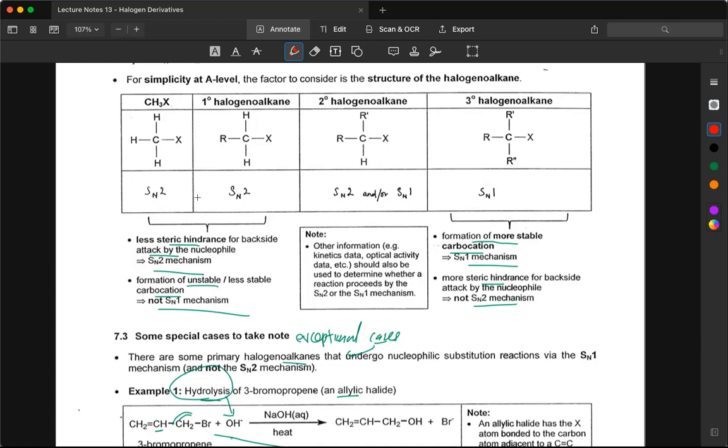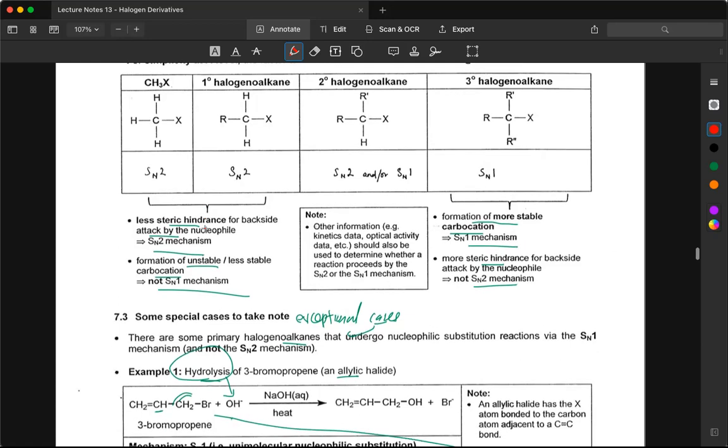For the methyl and primary, the reason why they are SN2 is because there is less steric hindrance for backside attack. Imagine if we have more steric interference, it will be very hard for the nucleophile to attack from the back. And also, it doesn't lead to the formation of a stable cation, so it can be the SN1 mechanism.